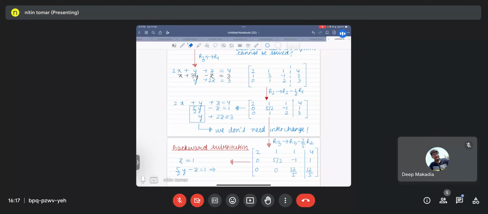So here it should be 3 by 2, because minus 1 minus half, so it should be minus 3 by 2.